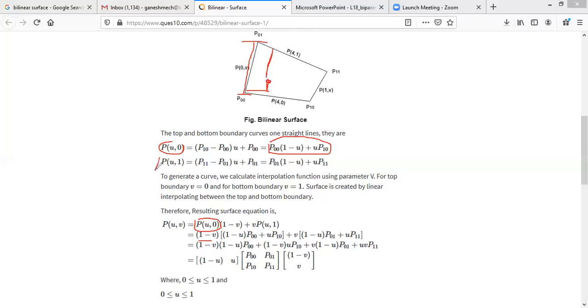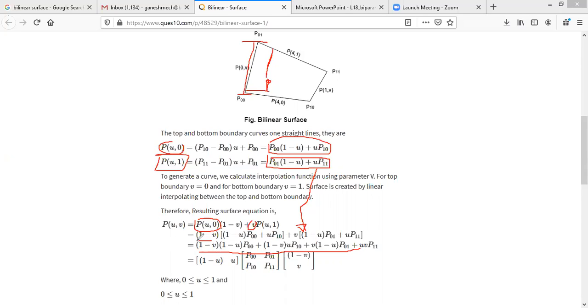The equation for u comma 1 will be taken up over here, which is 1 minus u into p01 plus u into p11, and it's already multiplied by v. Now when we open the brackets and simplify, we get an equation like this: 1 minus v into 1 minus u p00, plus 1 minus v u into p10, plus v into 1 minus u p01, plus uv into p11.